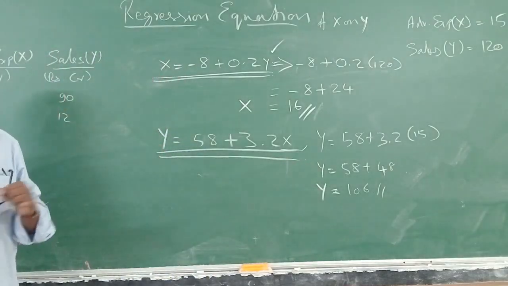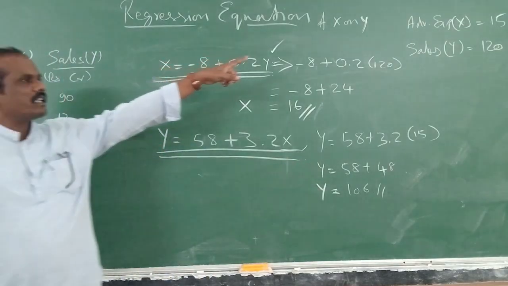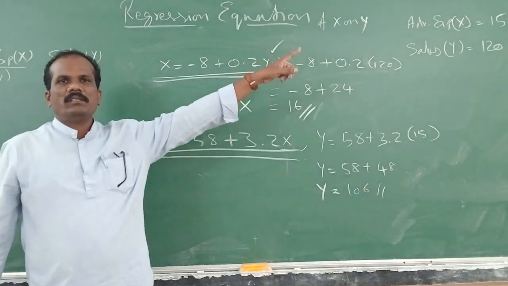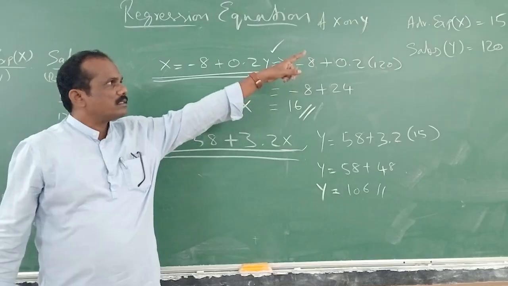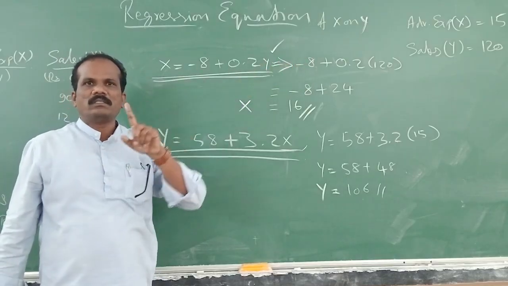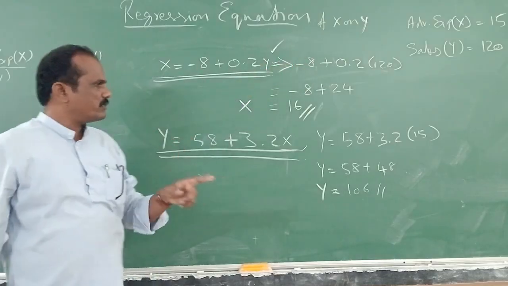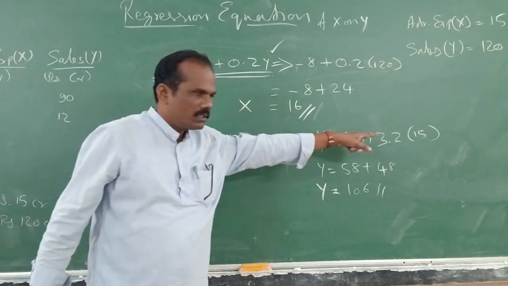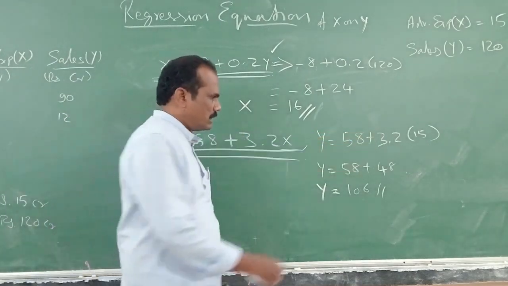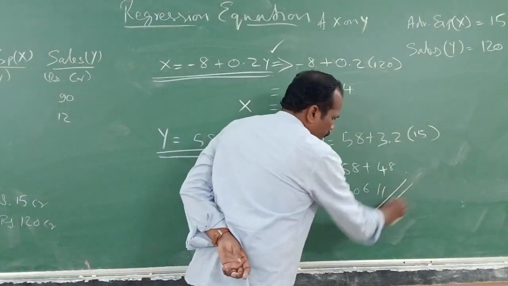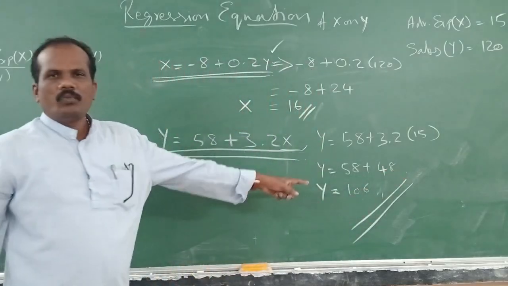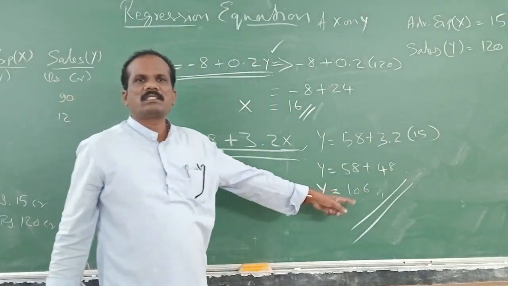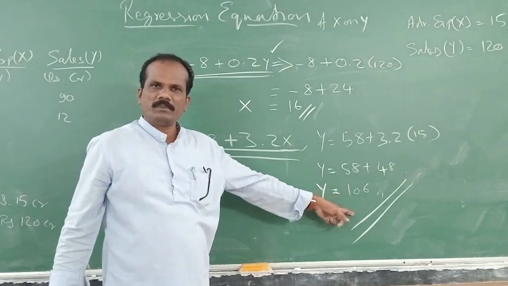The second question is what will be the advertisement expenditure if the advertisement expenditure value is 15 crores. The advertisement expenditure is the x variable. In that x variable I am applying 15 crores, and y is equal to 106 crores is the advertisement expenditure.